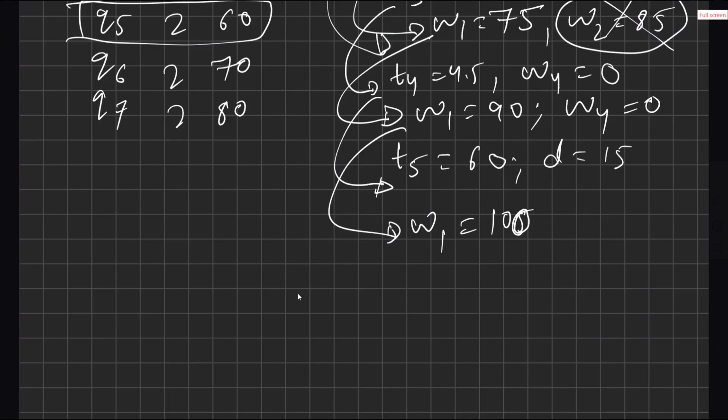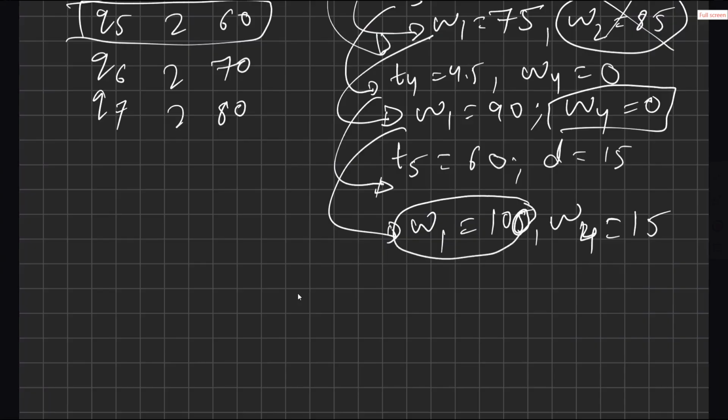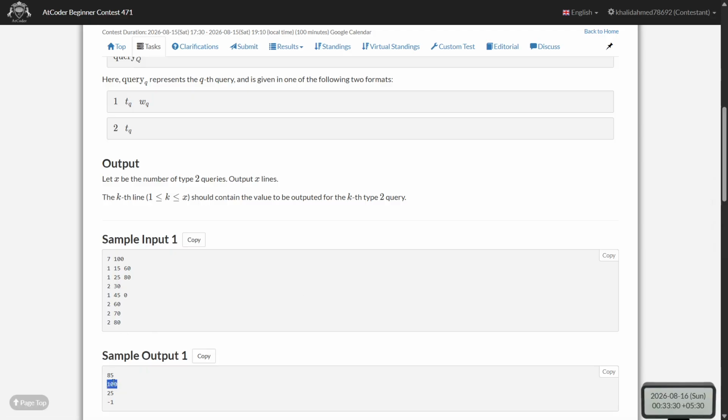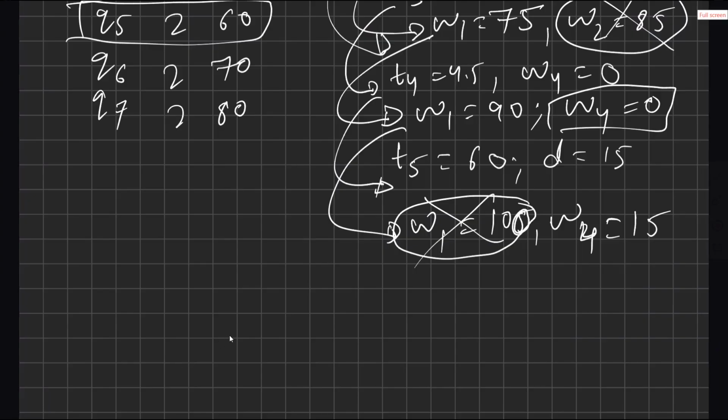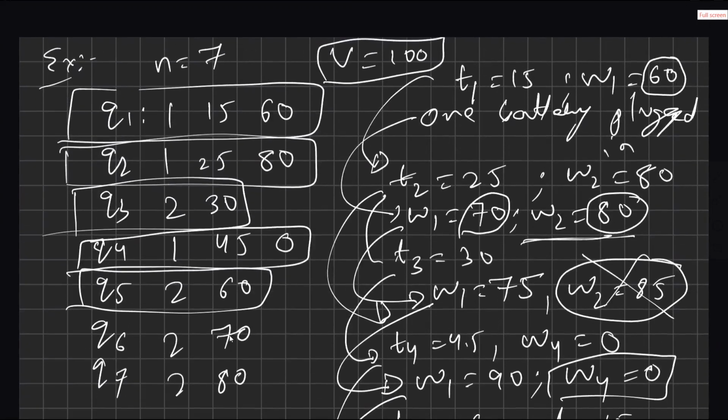It's fully charged. And the other battery's charge is going to increase by 15, so 0 plus 15 is 15. So we remove this one and display 100, not 105, because the battery can charge at most 100. It depends on V, and here V is 100. That's the reason.